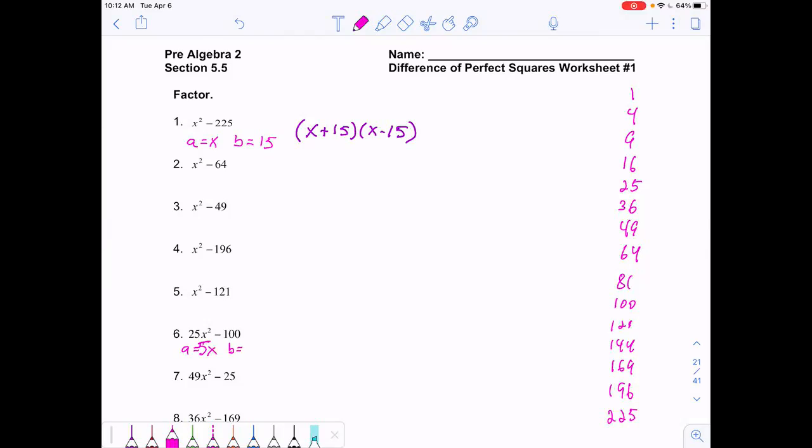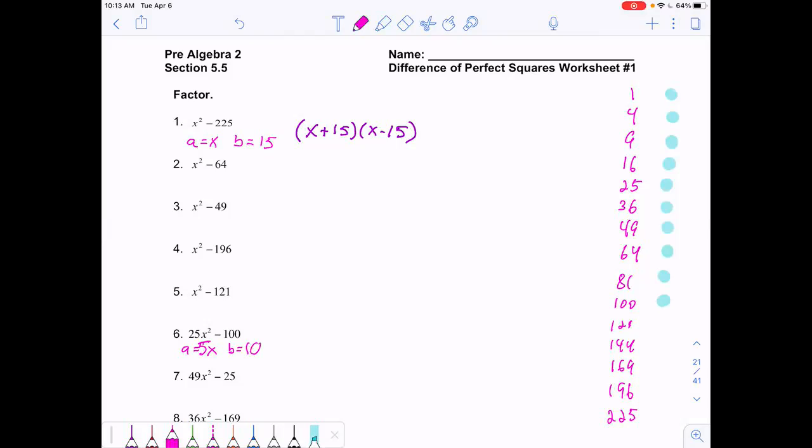So it's 5x is your A. And what number times itself gives you 100? Or if you take the square root of 100, or you can even go on the right hand side and count 1, 2, 3, 4, 5, 6, 7, 8, 9, 10. You see that your 10th number is 100. So that's going to be 10.